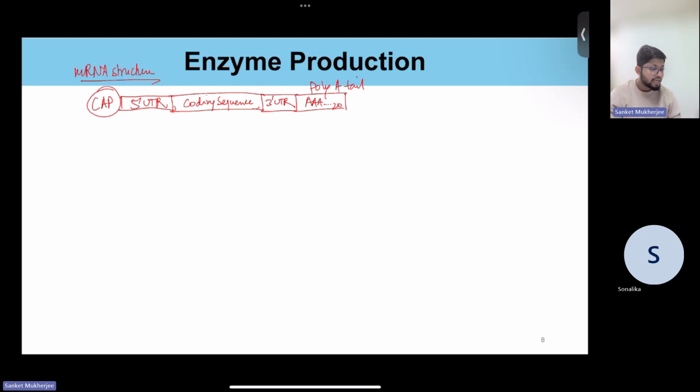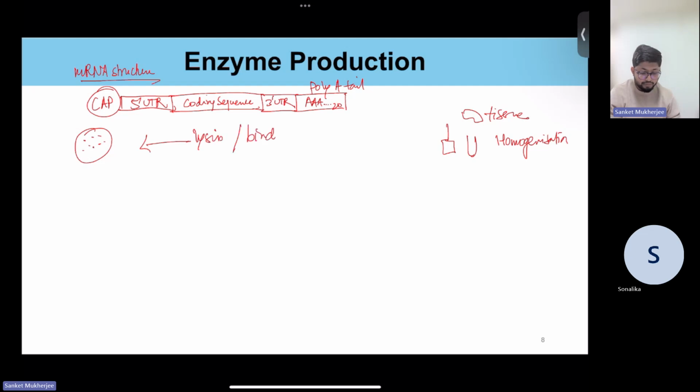So let's say you have different bacterial colonies, or you might have a tissue which you need to, first, if it's a tissue, you can homogenize it using a homogenizer. And then you use a lysis or a binding buffer, and then you perform this binding in oligo-dT beads.